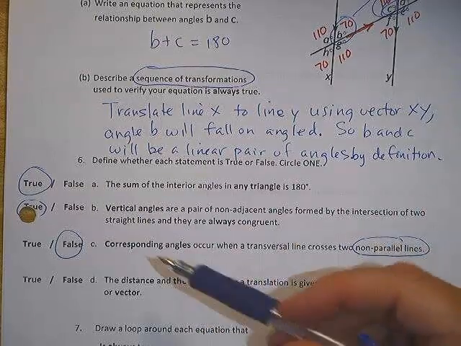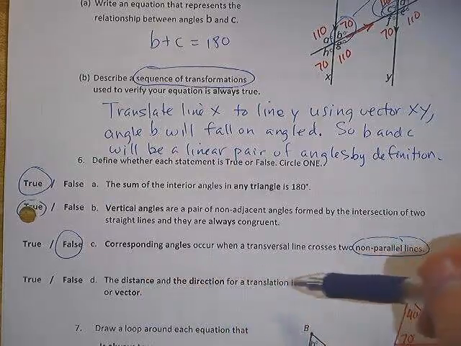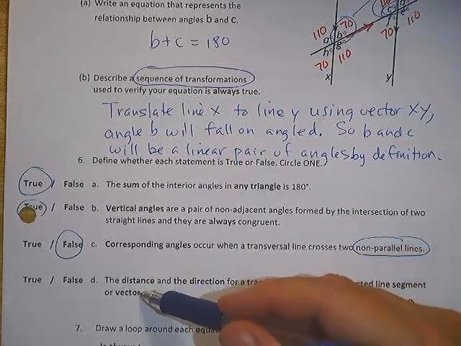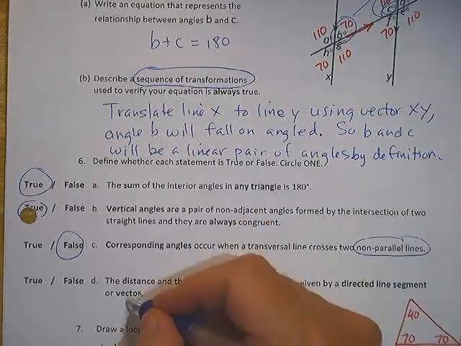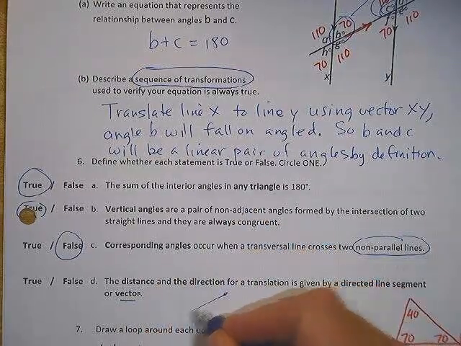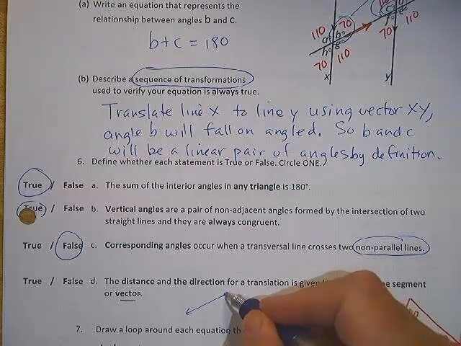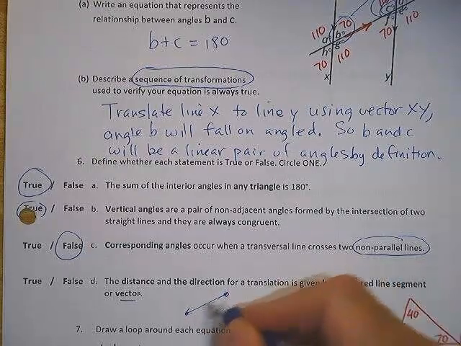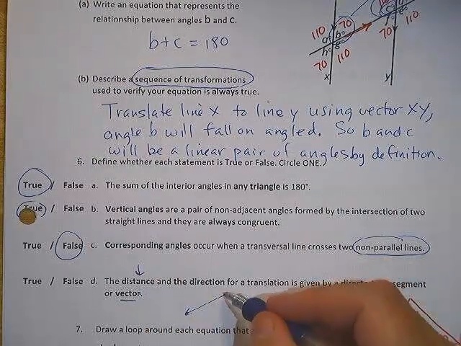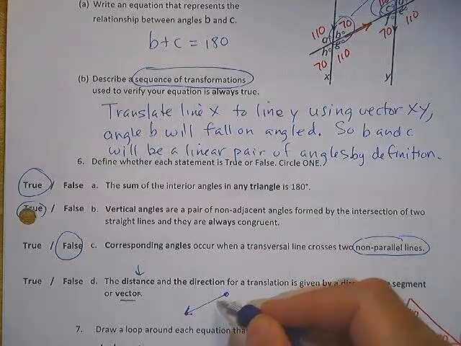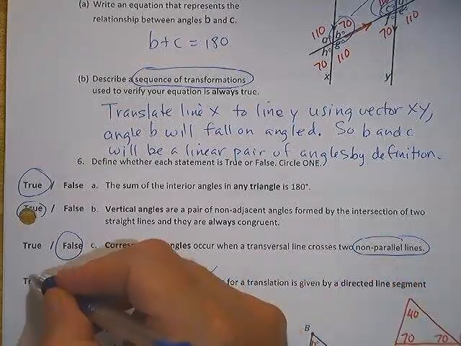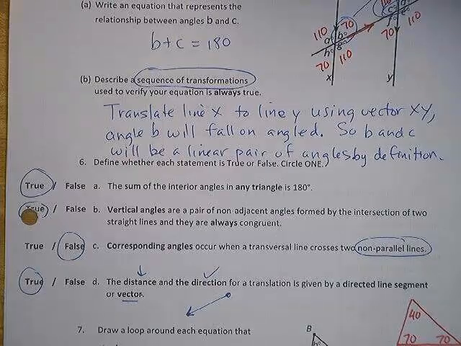And the last one, the distance and direction for translation is called a vector. That's the word I've been using with you: when we do an arrow, the length of the arrow is the distance, and the arrowhead tells me the direction. So this is true. So 3 of the 4 answers are true.